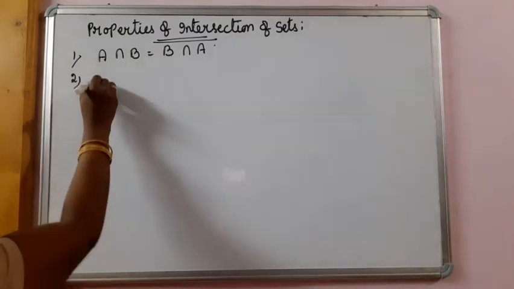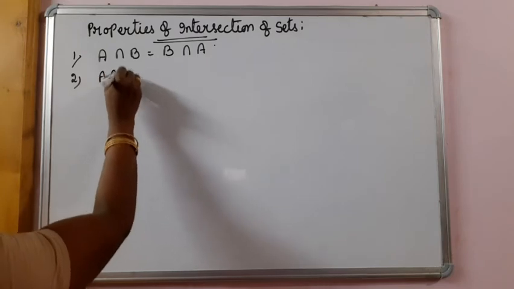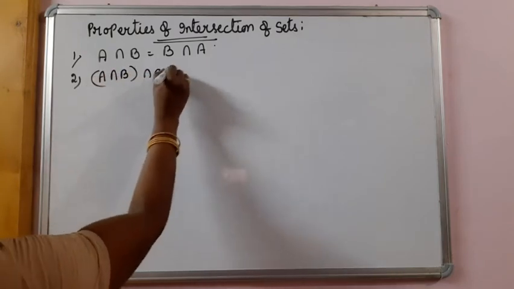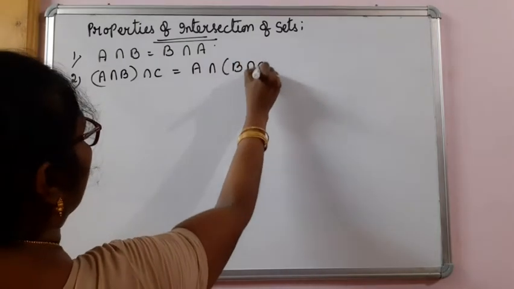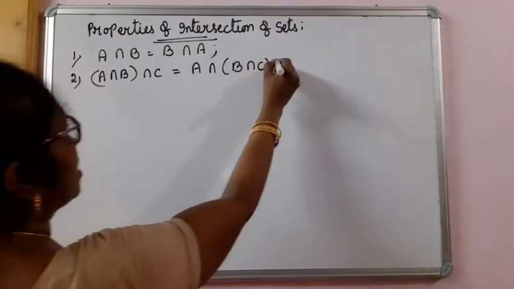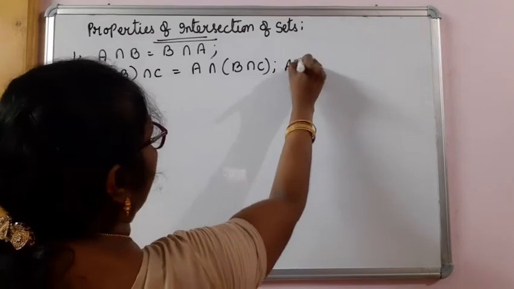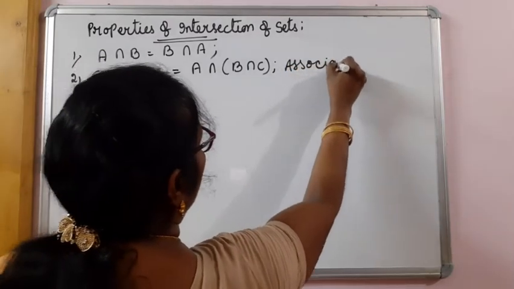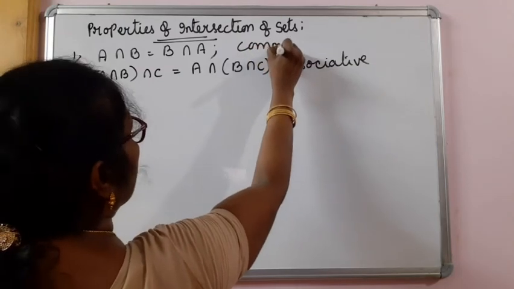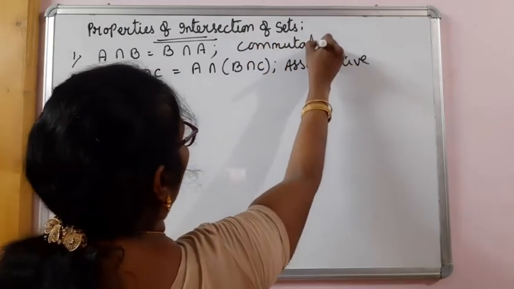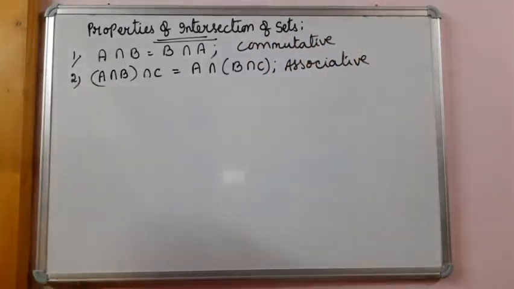And in the same way, if there are three sets, A intersection B intersection C is equal to A intersection B intersection C. That is, intersection of sets is associative, and also commutative. Okay? I hope you understood this.